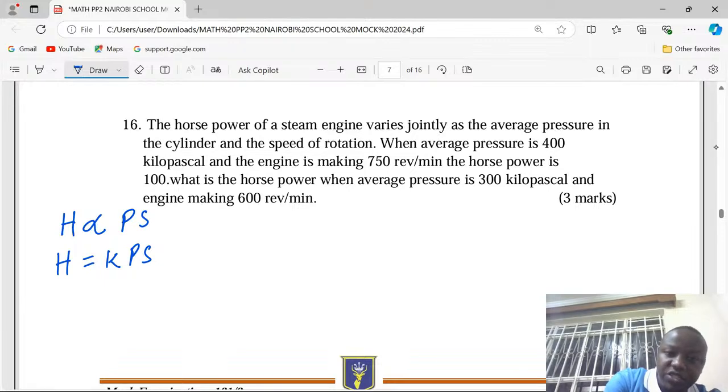S. This means we can now proceed to get our constant, because we are told when the average pressure is 400 kilopascal and the engine is making 750 revolutions per minute, that is now the speed, the horsepower is 100. So horsepower equals 100, equivalent to K multiplied by P, average pressure, 400, times the speed of the engine, 750.